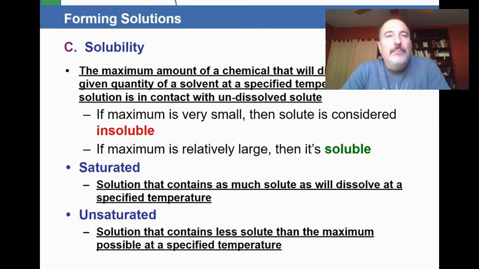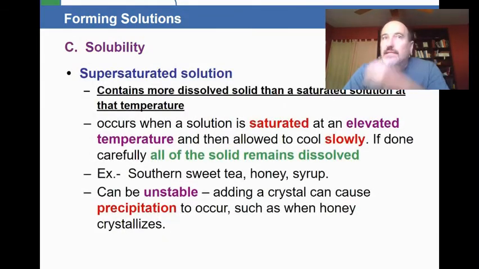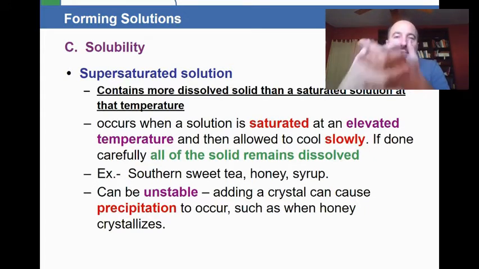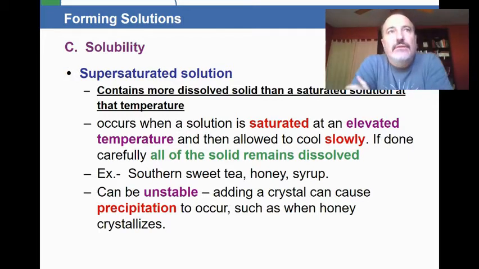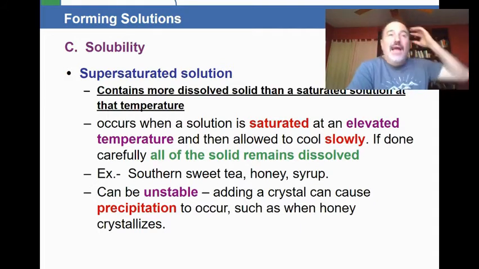Okay, now you may have noticed that it always says at a specified temperature. Well, there is a special type of solution known as a supersaturated solution. And this actually contains more dissolved solid than a saturated solution at that temperature should be able to. All right.